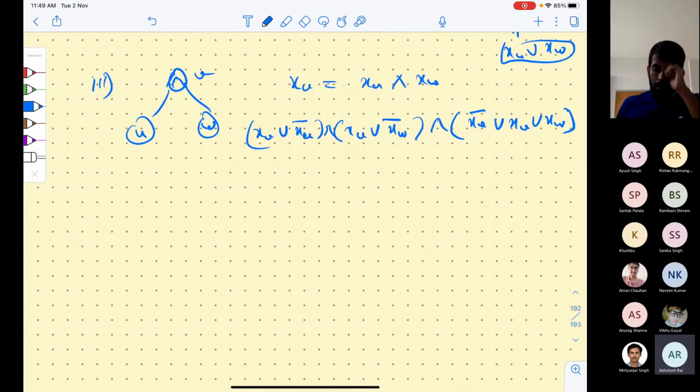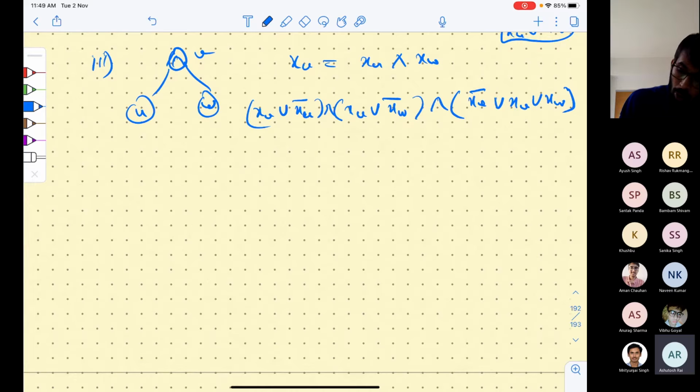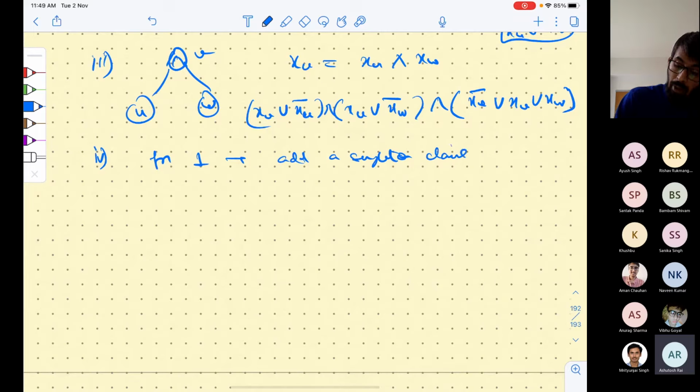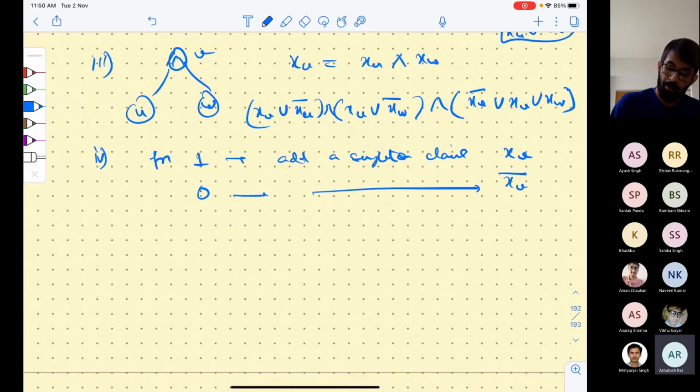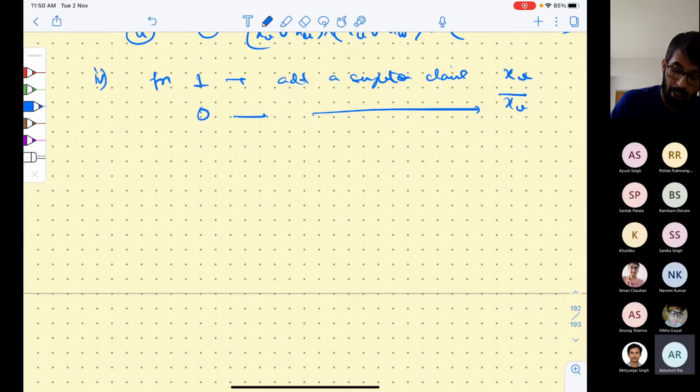Again, you can verify that this collection of clauses encodes the AND operation. And that's it. So you add these, and then you also add clauses for constants. For one, add a singleton clause, just xv, right? Because that will force it to be 1. It cannot be 0. For 0, add a singleton clause, xv bar, right? And that finishes the construction.